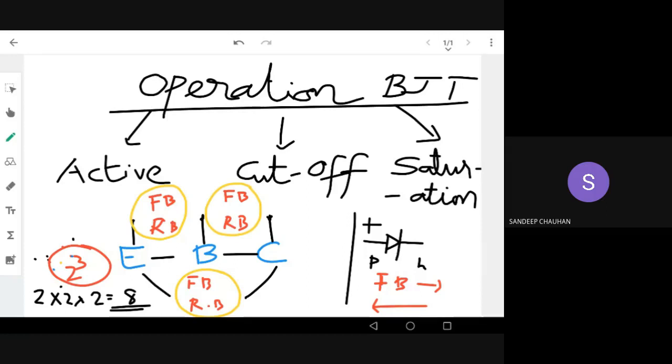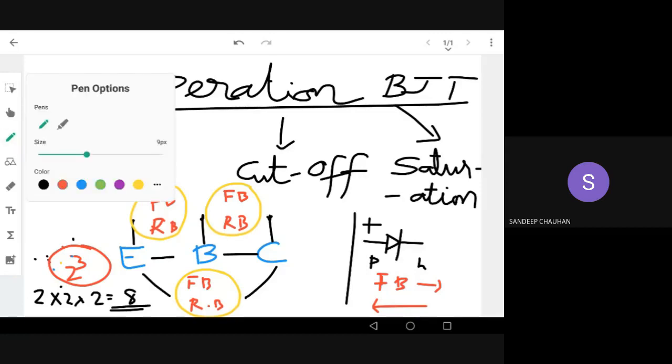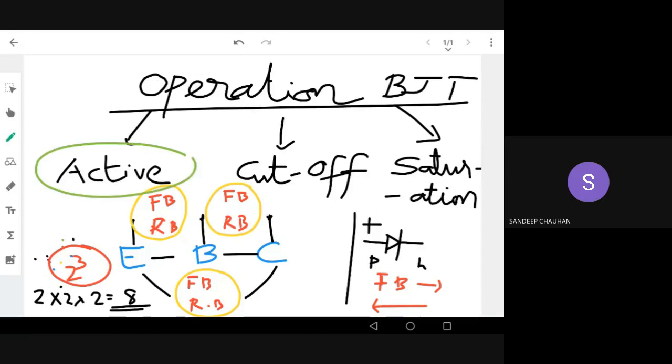Although we don't need to discuss all these different possibilities, let's discuss a few of them. Among these eight possibilities, we'll basically be focusing on three different configurations. Although there are four possibilities, we'll mainly discuss three different regions, and these regions are active region, cutoff region, and saturation.